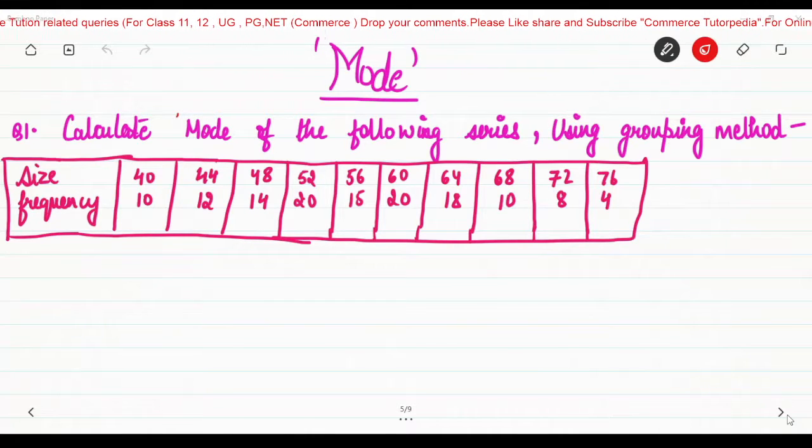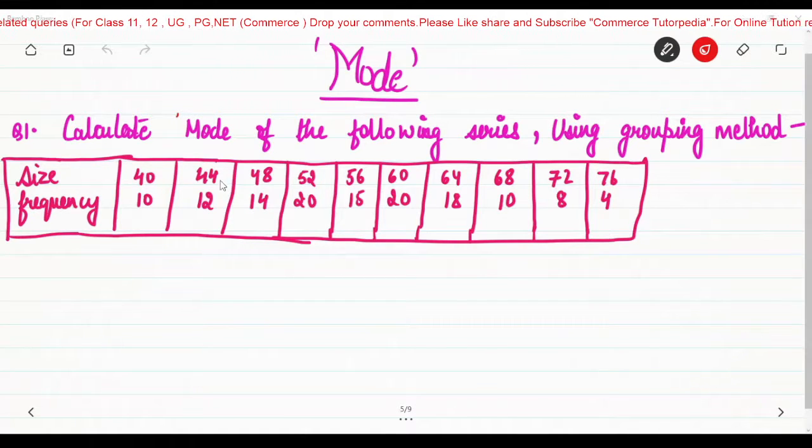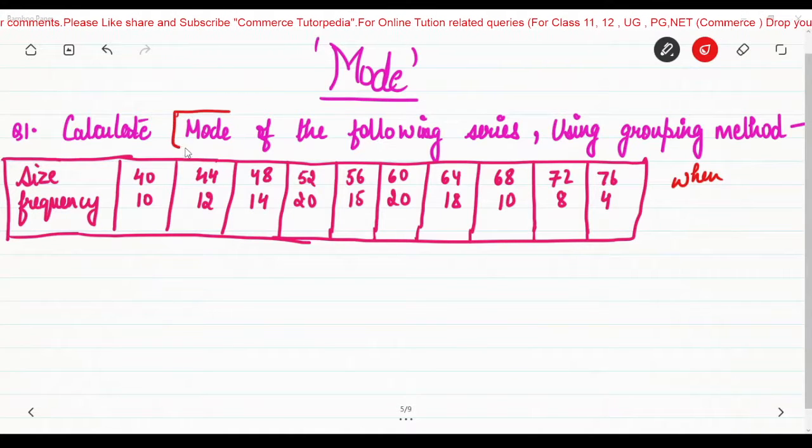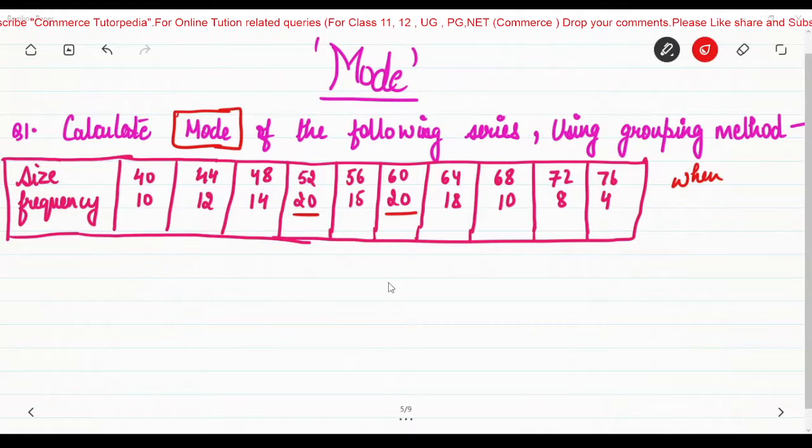First of all, I would like to tell you about the suitability of the grouping method, that means when we need to use it. As we know, mode is the highest repeating frequency. In this question you can see there are two repeating frequencies, right?